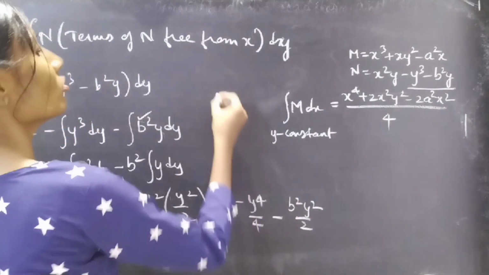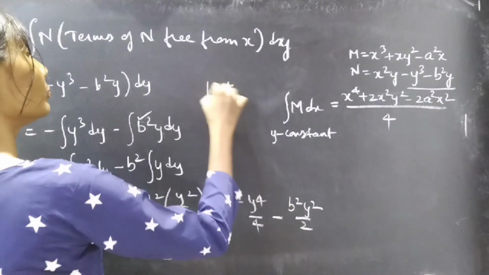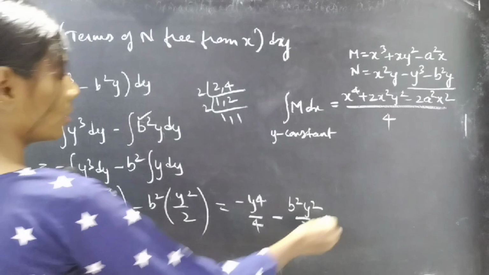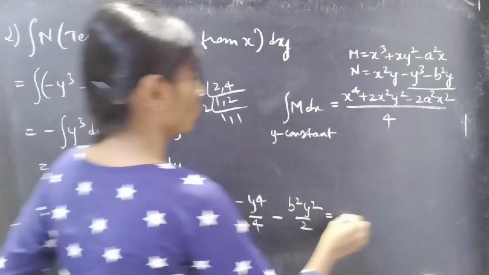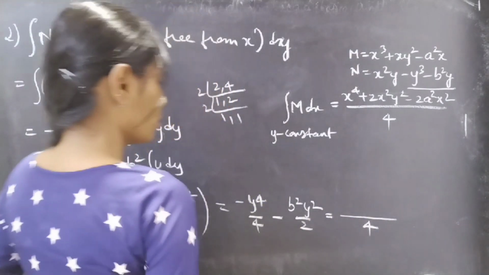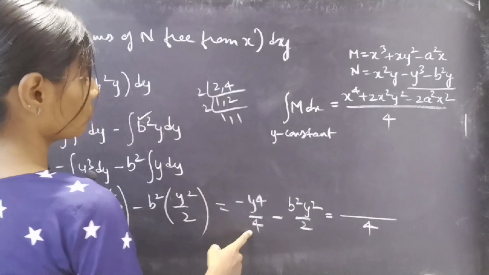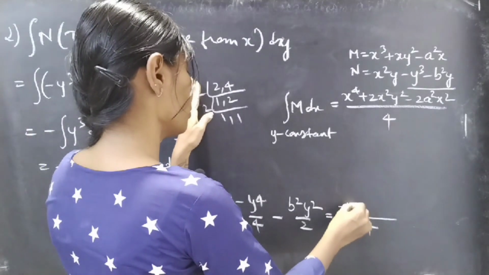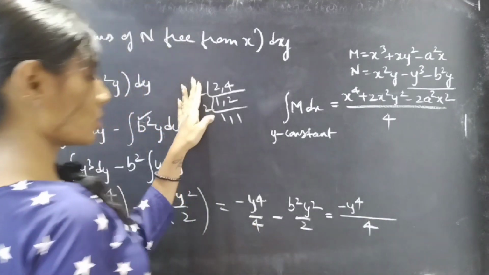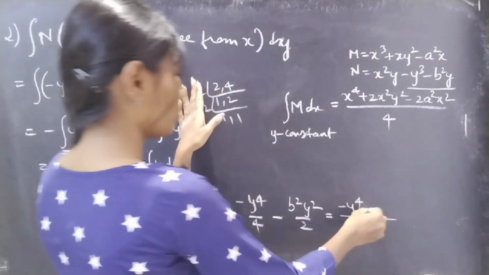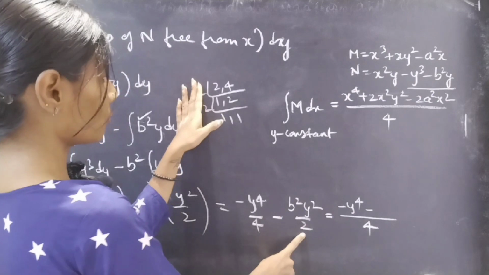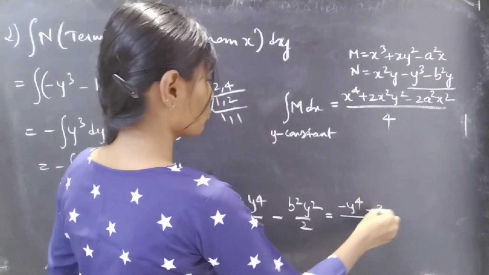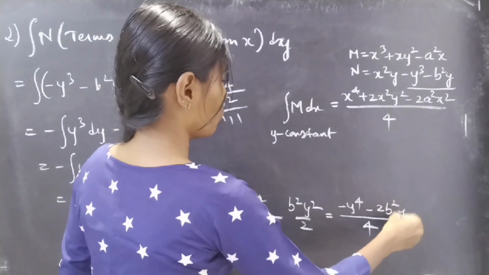Now find the LCM of 2 and 4. LCM of 4 and 2 is 4. In the denominator of the first term we have 4, so close this 4; you have nothing to multiply to the numerator of the first term. Just write minus y power 4 minus, and in the denominator of the second term you have 2, so close 1, 2 and multiply this 2 to the numerator. You'll get minus 2b square y square.